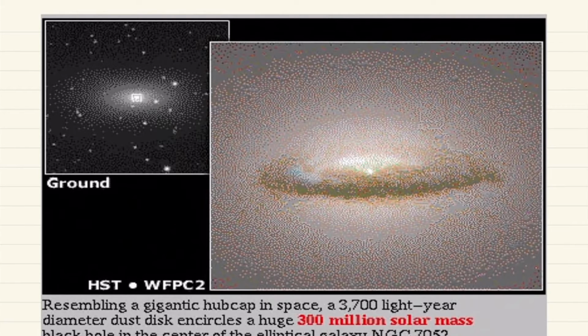At the very center you can see something like a diamond, something glittering. And what is that? This is nothing but a huge 300 million solar mass black hole. Of course you can say that we cannot see the black hole, that's true. This is just the radiation from the horizon of the black hole which we can see.